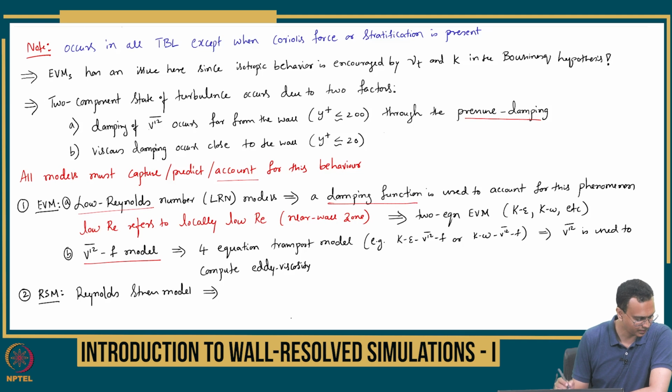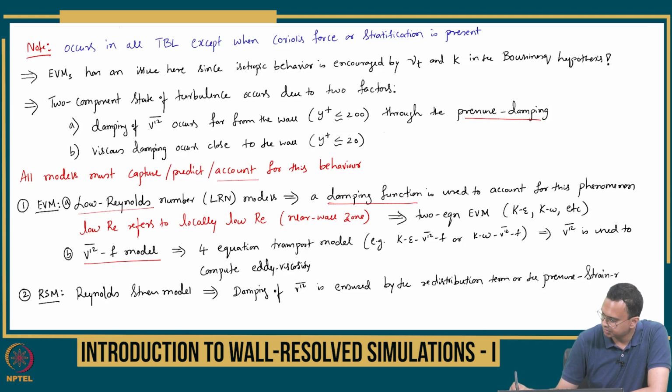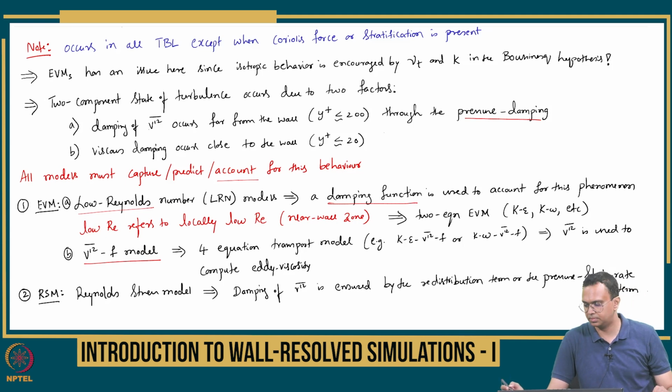So damping of v prime square bar is ensured by the redistribution term or the pressure strain rate term. This will naturally do this in a Reynolds stress model.